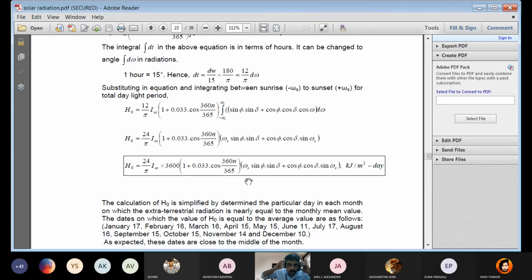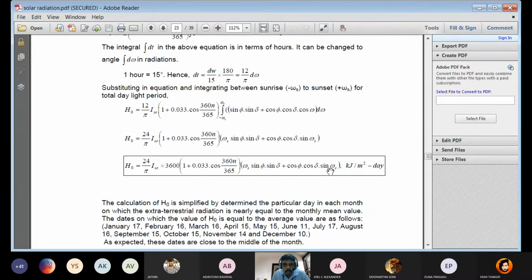We have already pointed out why we are discussing the angular relationships: to estimate the solar radiation. In our estimation H0 is coming, and for estimating H0 we need all these things. ISC you can take as the constant 1.37 kilowatt. Then n is the day number, omega is our hour angle, phi the latitude angle, delta the declination angle.